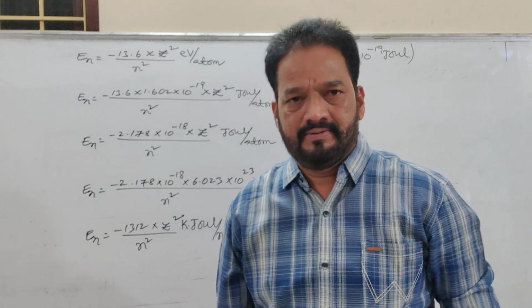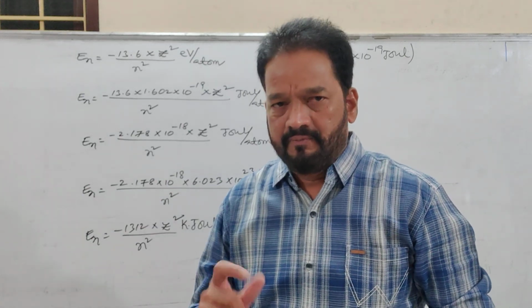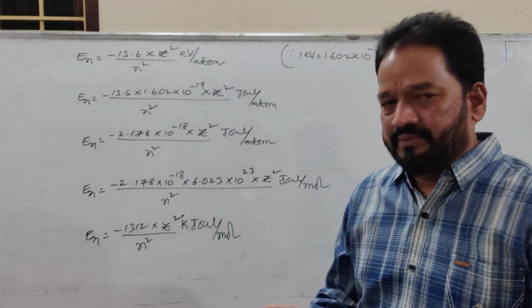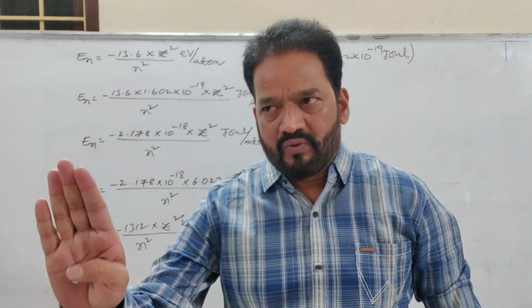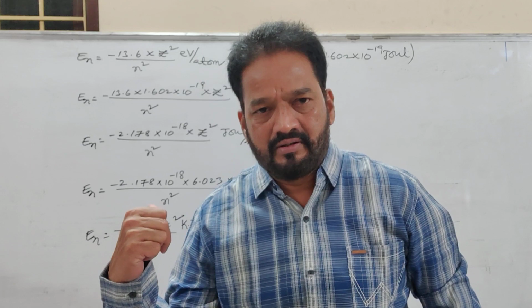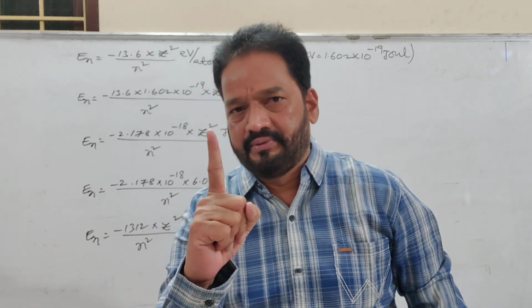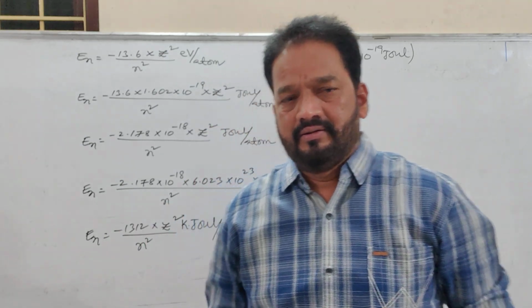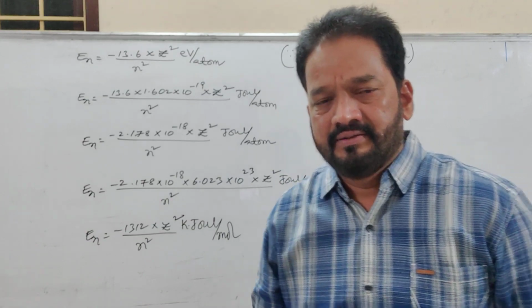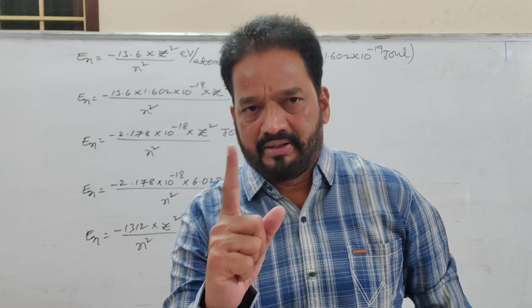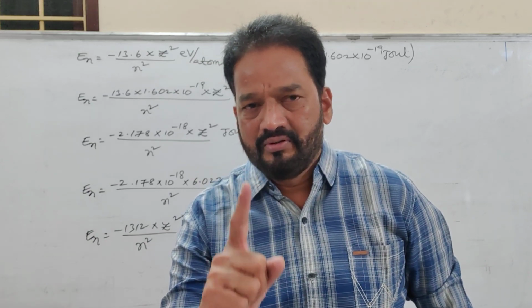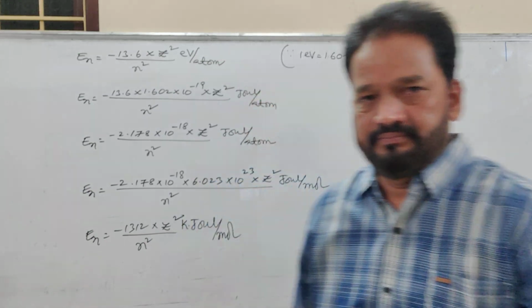Okay, students. Now, what about kilocalorie per mole? If we divide the same expression by 4.182, we will get the step as minus 313.6 into Z square by N square kilocalorie per mole.